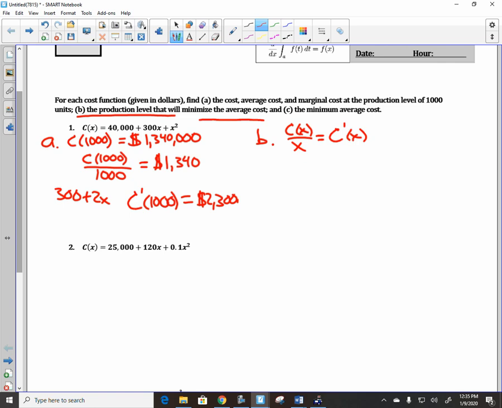What is C of x? $40,000 plus 300x plus x squared over x is equal to what's C prime of x? $300 plus 2x.